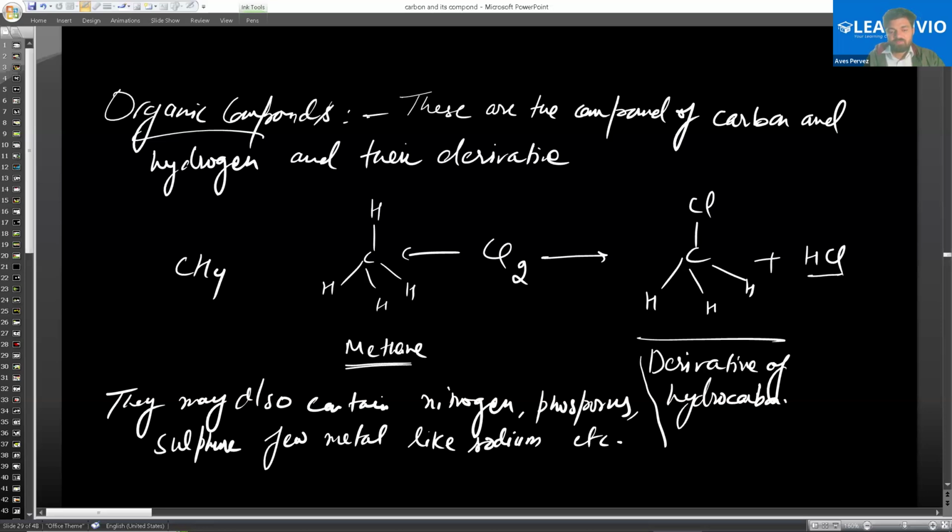Artificial seeds and all is there, right? No, no, I'm not saying that. Urea is an organic compound; a seed is a natural substance.